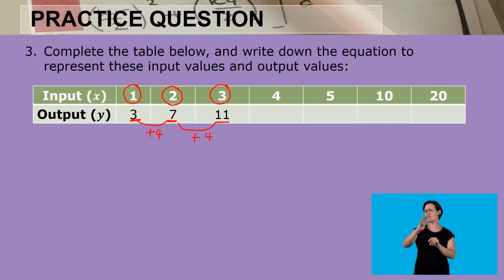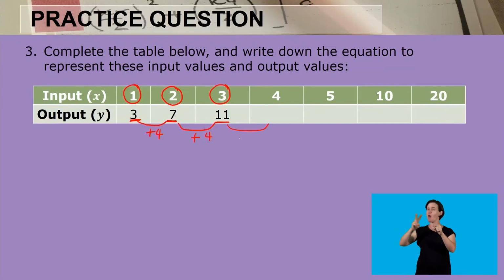We can conclude that if we need to get to the 4th value, where 4 was the input value, we can get to that output value by just adding a 4, because as we can see, they are still those consecutive terms. So when we add 4 to 11, that is going to give us a 15.